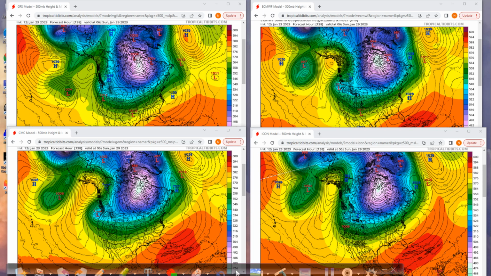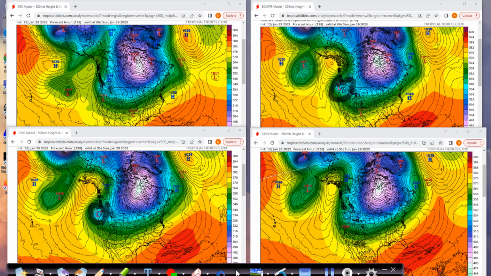Now you're starting to see the European has this low over water. The Canadian model has this low over water. Both of these are almost due west of Astoria Seaside in northwest Oregon. The GFS has this little low feature, I don't know if you can see the little circle, right around the coast there of northwest Oregon.